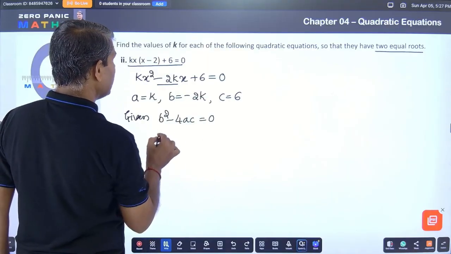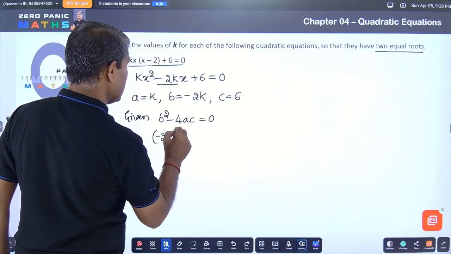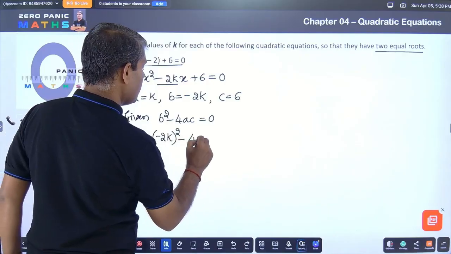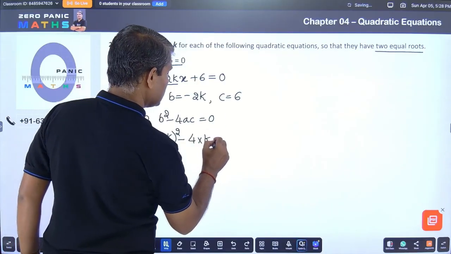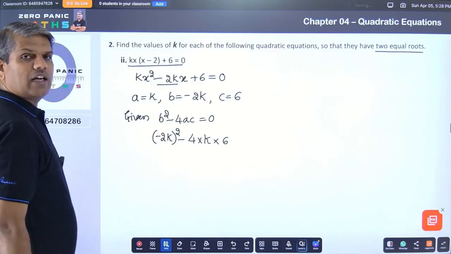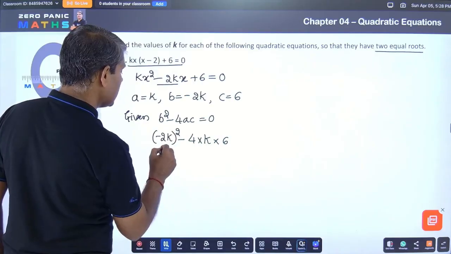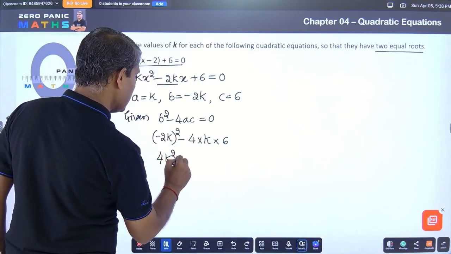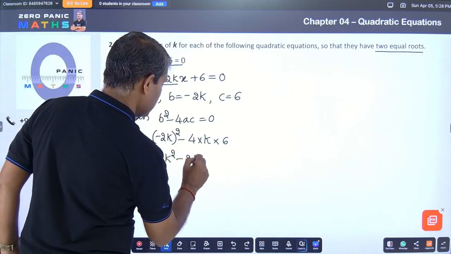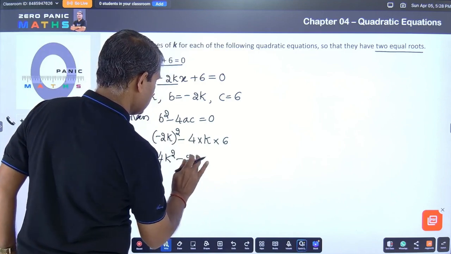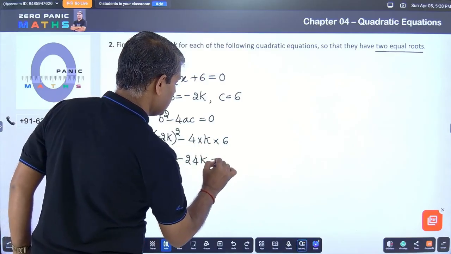So let us put the value of b here: minus 2k whole square minus 4a. What is a? It is again k, and c is 6, right? So minus 2 square is 4, 4k square minus 24k, 4 6s are 24, into k is equal to 0.